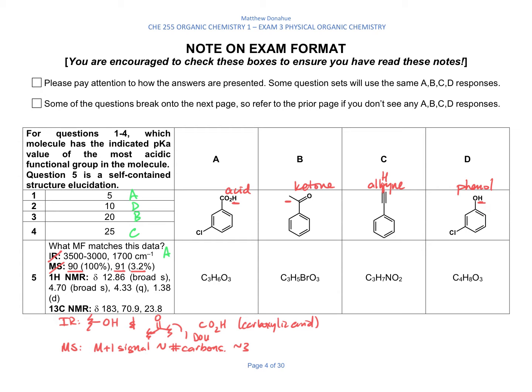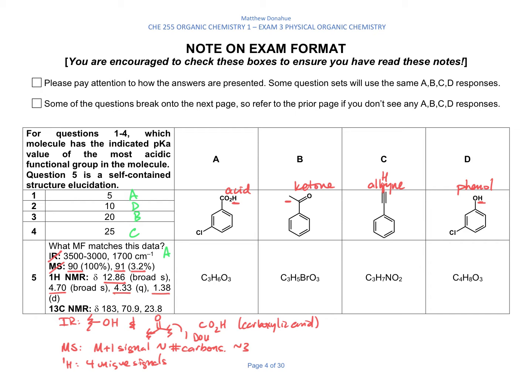Proton, let's just count the signals: 12.86, 4.7, 4.33, 1.38. So that gives 4 unique signals. And you can see the multiplicities. They're broad singlet, quartet, doublet.